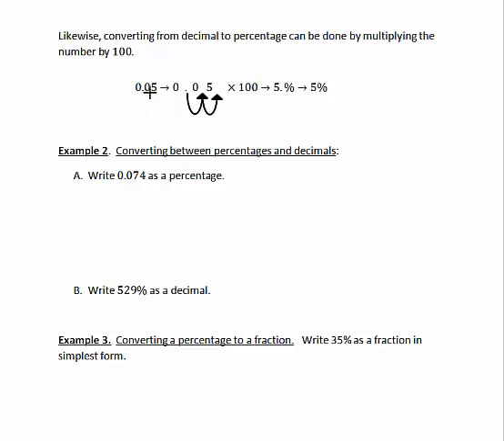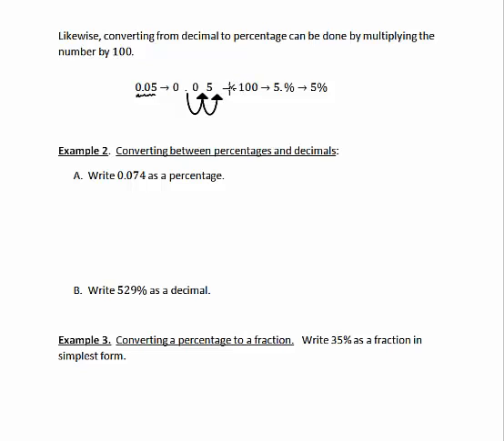And that's exactly what we do in the top of this page. We start out with a number that has no percentage sign. It's just a decimal 0.05. Well, if we now take the decimal point and move it back to the right 2 places behind the 5, these arrows here are the equivalent of multiplying by 100.